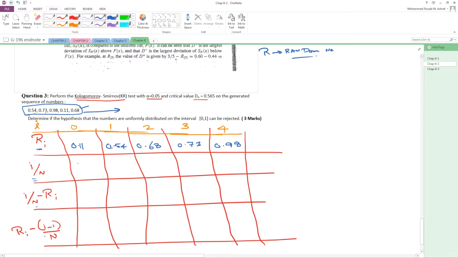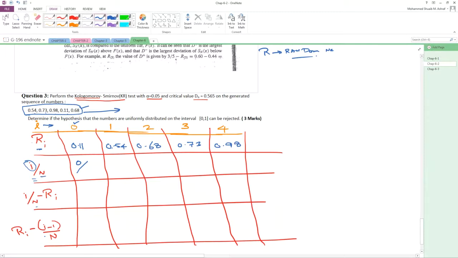What is the value of I? Not 5. For this box, I is 0. Understand? Okay.